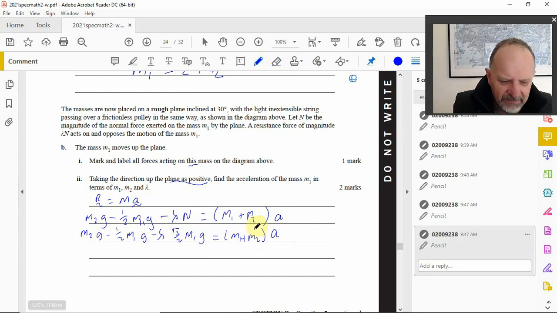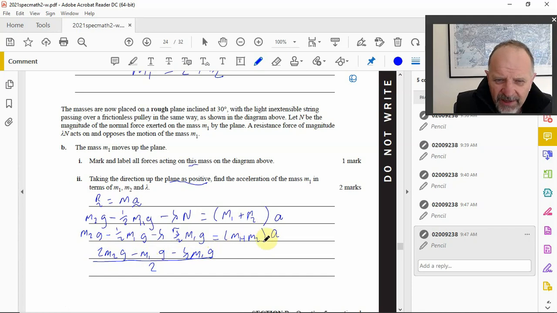All right, if we put a whole bunch of this together over the denominator of 2, then what we'll have is 2M2G minus M1G minus root 3 gamma M1G, and that's all over 2.